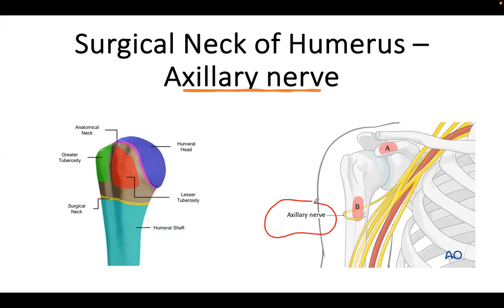Now, question, what do we call the pattern of the sensory involvement? What do we call the pattern of the sensory nerve impairment when the axillary nerve is damaged or injured during an intramuscular injection?